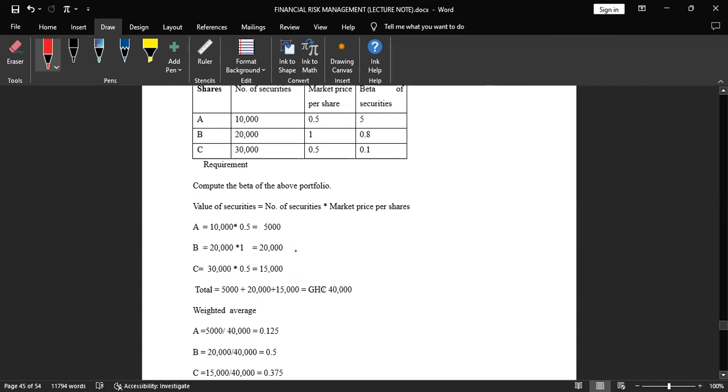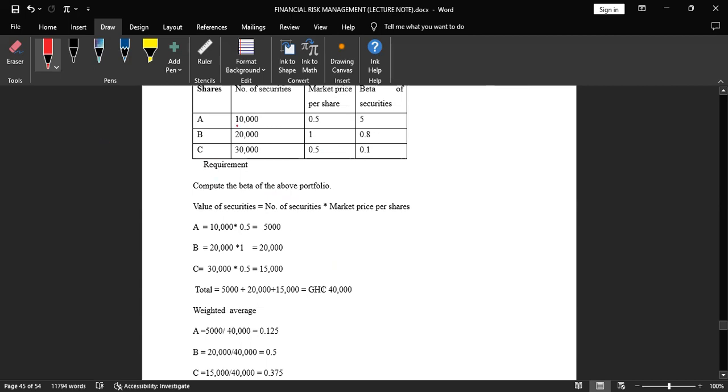So we have this question: compute the beta of the above portfolio. If you have invested in all these things, first of all, we need to know the value and weight them. How do we know the value?